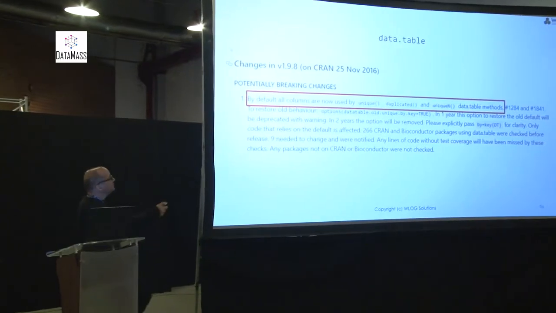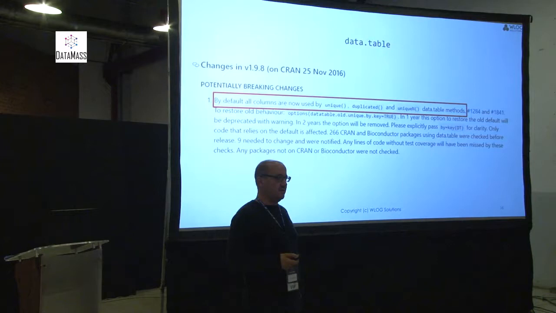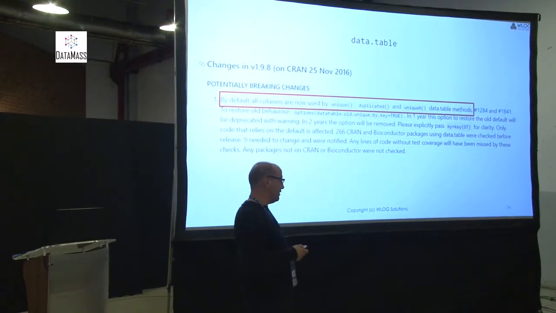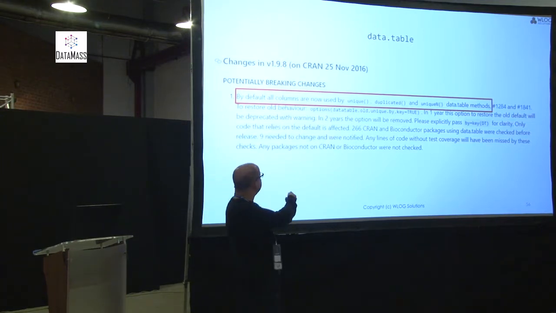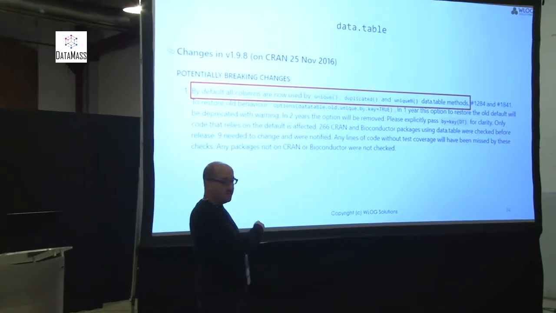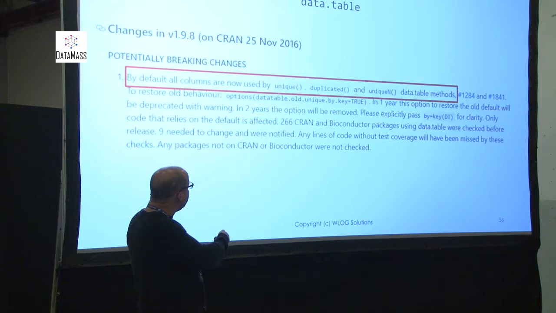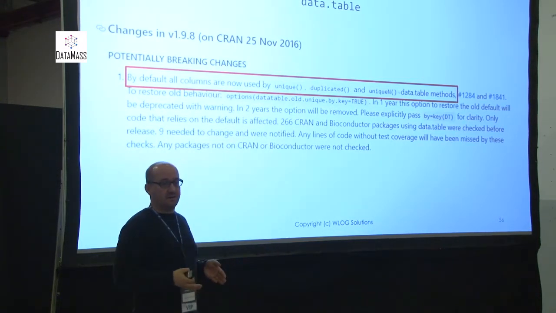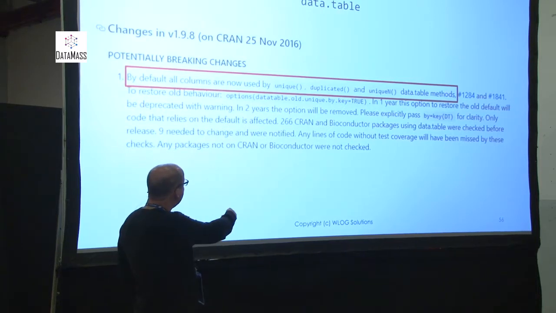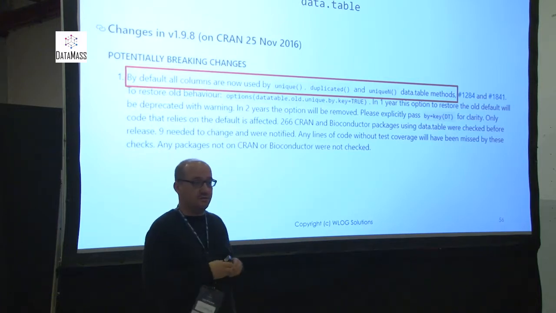Data table is a very good package. The developer behind the package is a professional, and he openly told us that in this new version he changed three functions: unique, duplicated, and unique. Unique and duplicated are, you know, scanning a table like in Excel and telling you if any rows are duplicated.